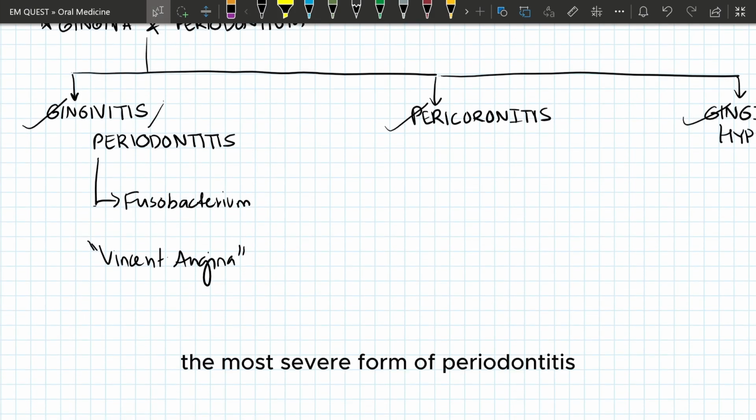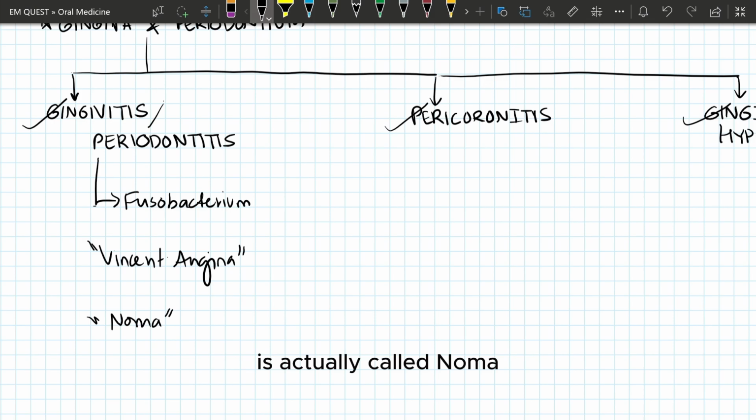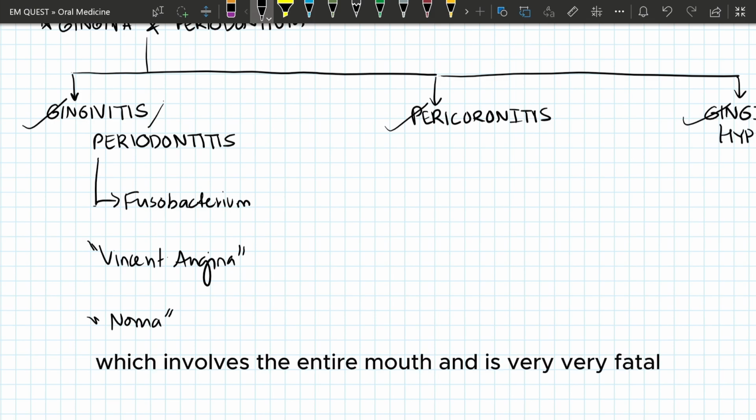The most severe form of periodontitis is called noma, which involves the entire mouth and is very fatal.